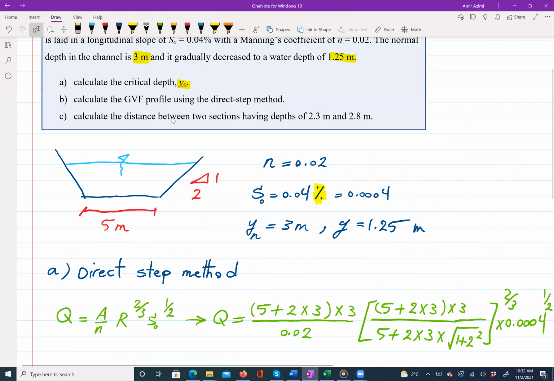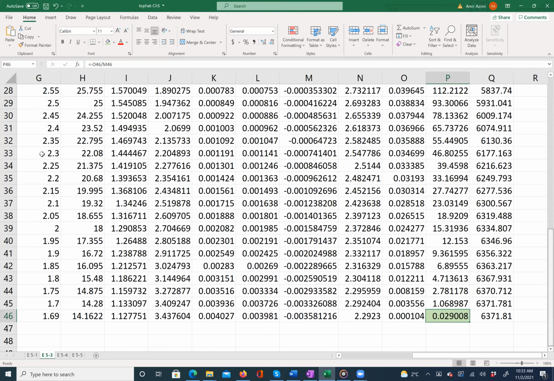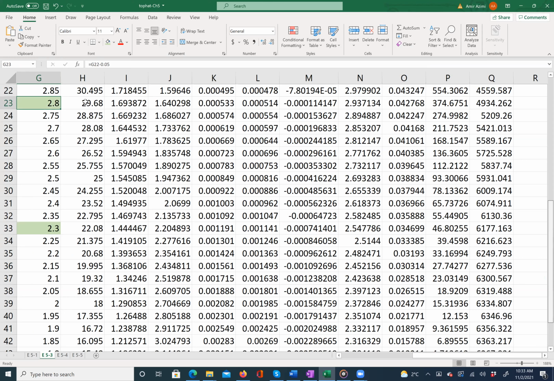So calculate the distance between two sections having depths of 2.3 and 2.8. So if you go back, here we have 2.3, and here we have 2.8. So the distance here is 4,934, and the distance here is 6,100.